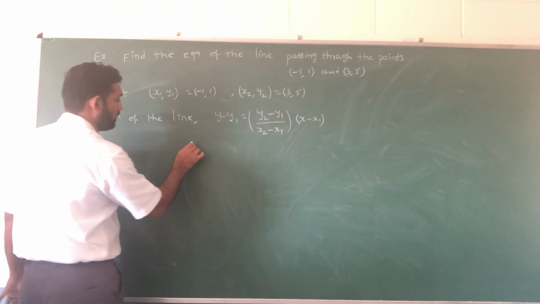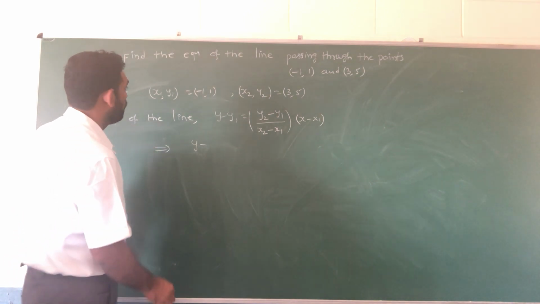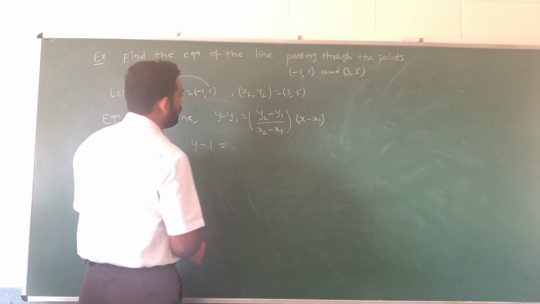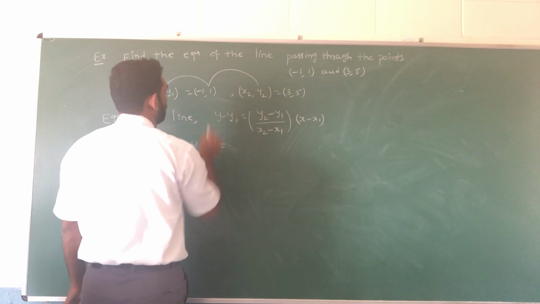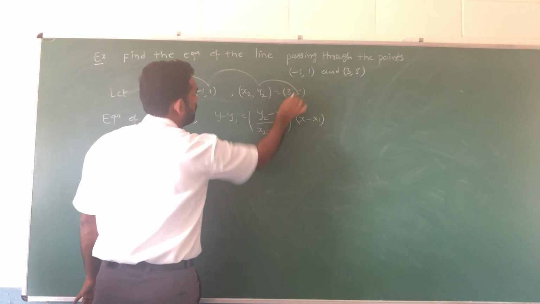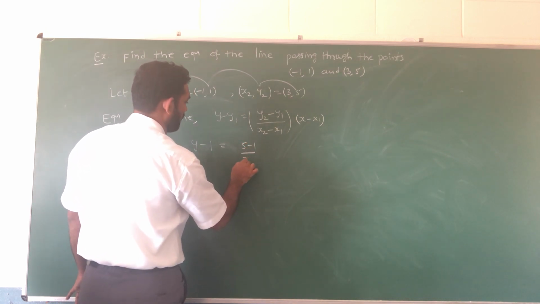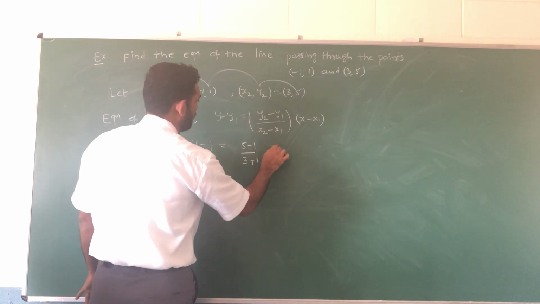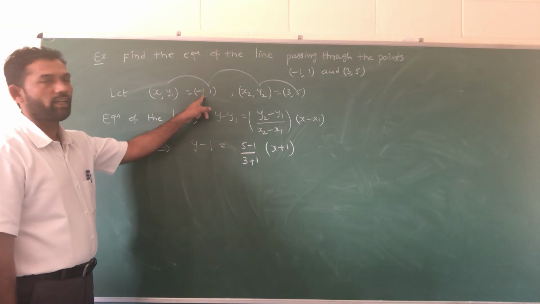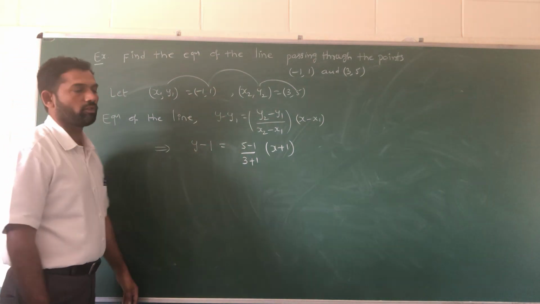So y minus y1, which is 1, equals (y2 minus y1), that is 5 minus 1, divided by 3 minus (minus 1), which means plus 1, into (x plus 1).